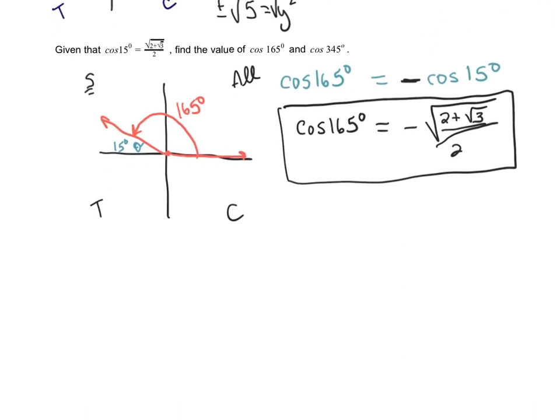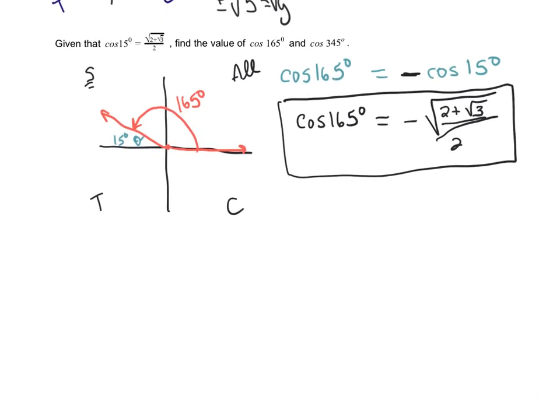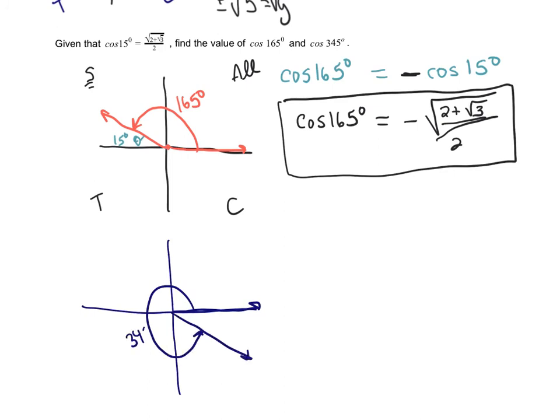Similar thing works for cosine 345. So let's look at where cosine of 345 lies. So here is 345. As an angle, it's way over there. So this is 345 degrees. So our reference angle is this little guy here. It's how much is left between that last side and the x-axis. In this case, that's 15 degrees. Now again, we have all sine, tangent, and cosine.